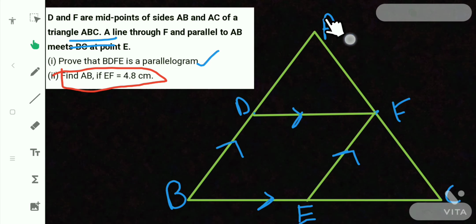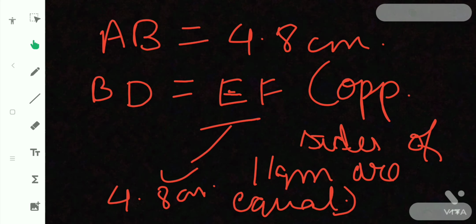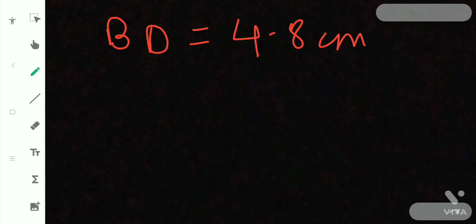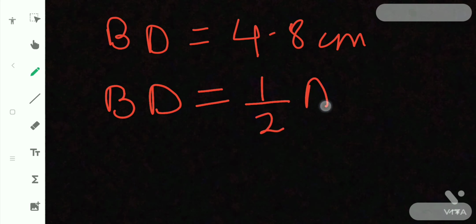So BD will be equal to half of AB. That we have got to know.